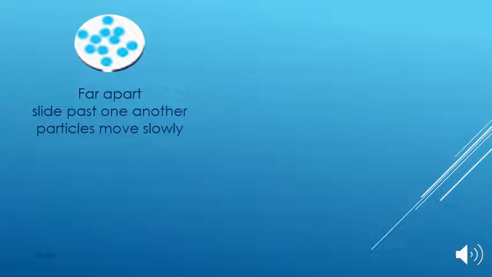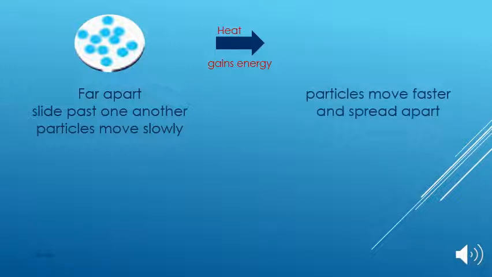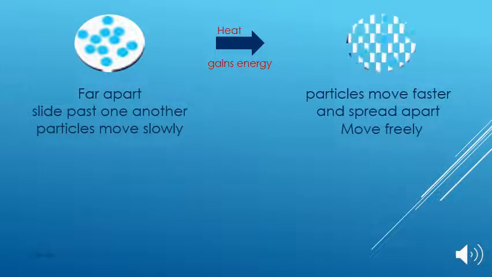Let's see how the particles change. In liquid, the particles are far apart, they slide past one another, the particles move slowly. When you heat a liquid, it gains energy. When it gains energy, the particles move faster and spread apart, so they move freely.